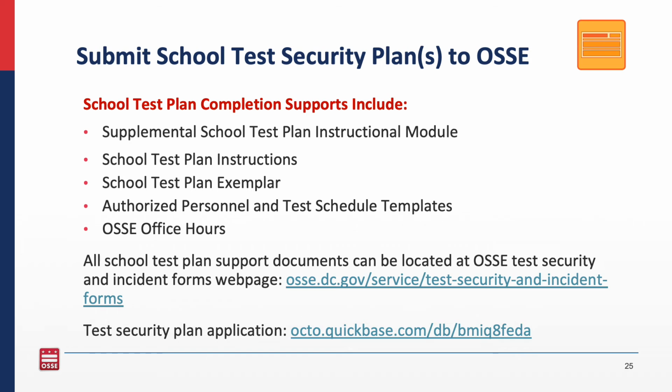All school test plan support documents can be located at OSSE's Test Security and Incident Reports webpage. The school test plan QuickBase application can be accessed at the link shown here. If you need access to the QuickBase application or have any questions about the process, please contact Shannon Bell at shannon.bell@dc.gov.